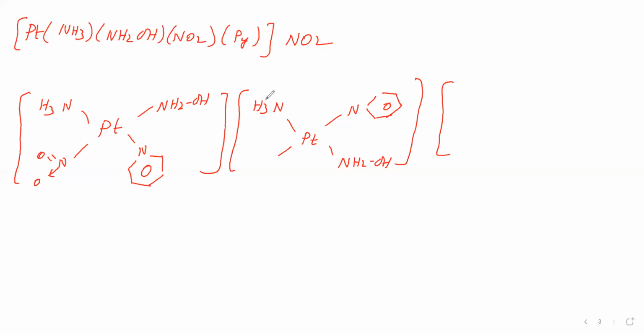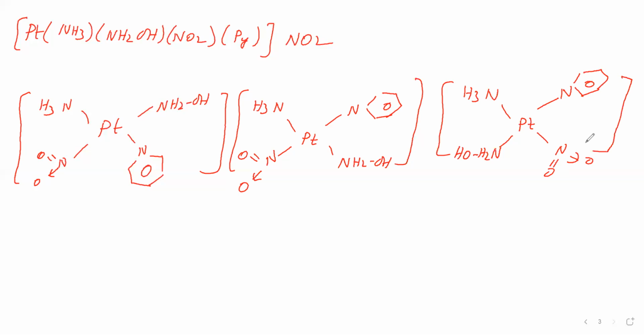Next, keep NH3 constant and interchange any other two ligands. Suppose these two will interchange. Here NH2OH comes, here NO2 goes, and here pyridine.